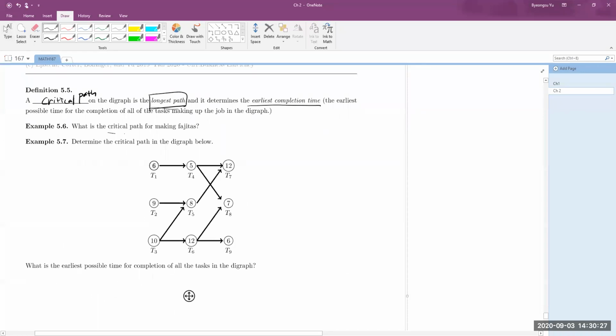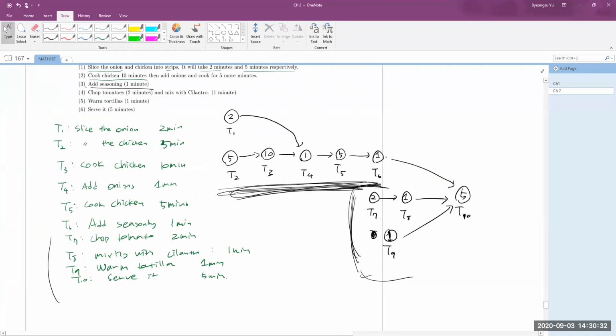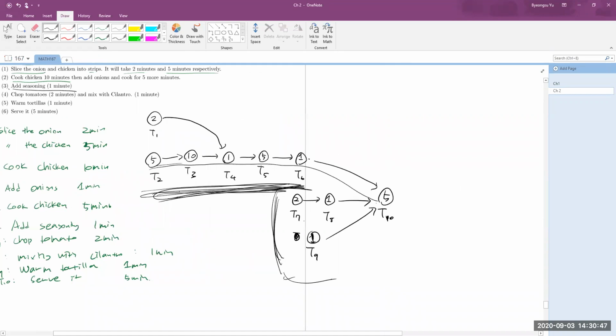So let's find the critical path for making fajitas. I already said it, but let's see why this one is the critical path. First of all, if you add all the job times along this path, it gives you 5 plus 10 plus 1 plus 5 plus 1 plus 5, which is 27 minutes, right?